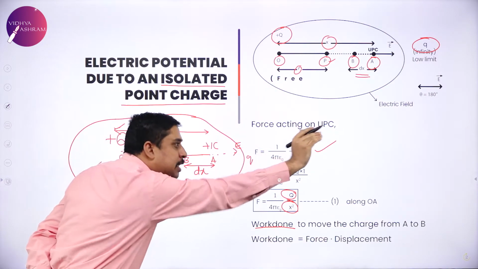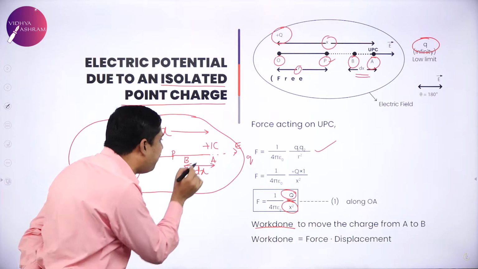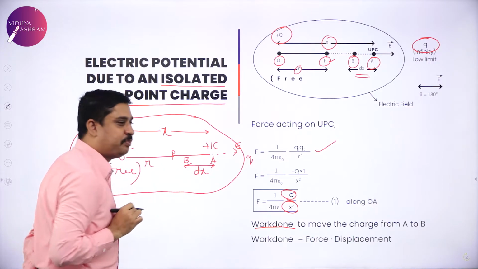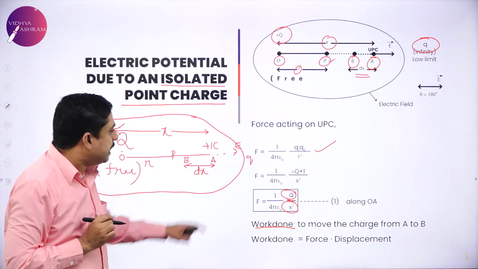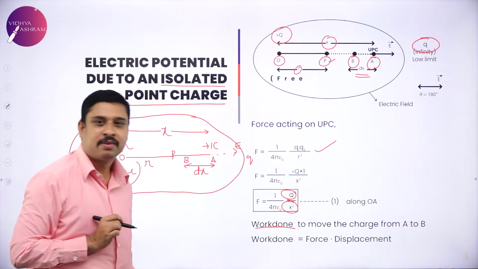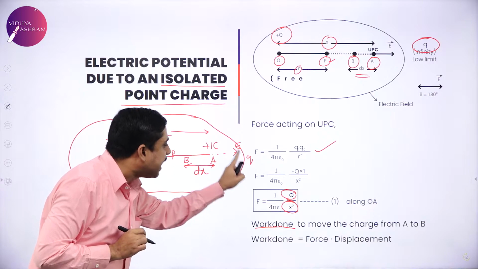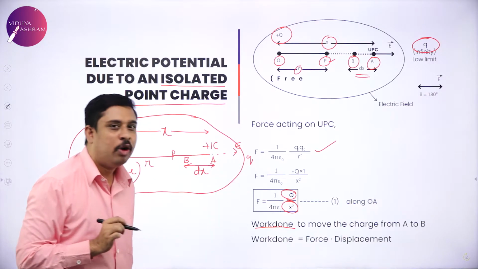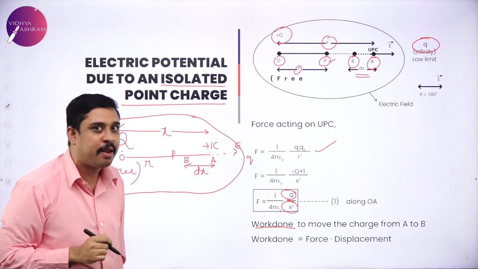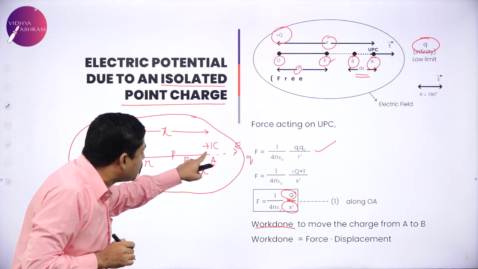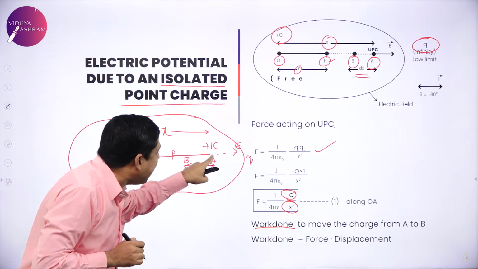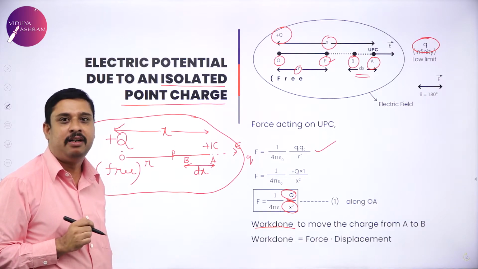I have pushed the charge within the field and it is at the point A. I repeat, there is some external force which is acting on the charge Q. Now where is charge Q placed? Infinity, remember. I have pushed the charge to some point A within the field.